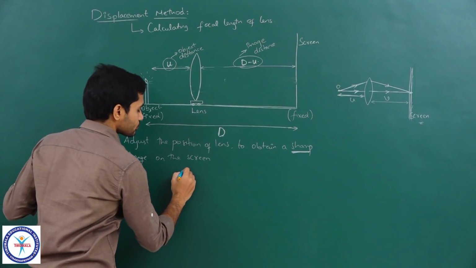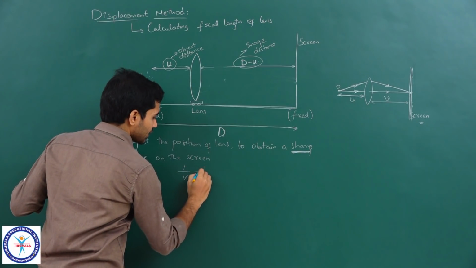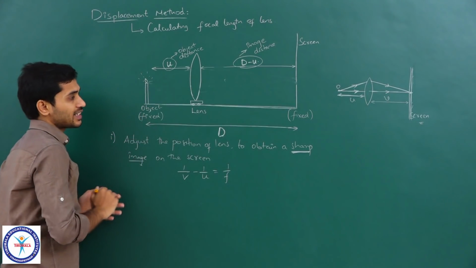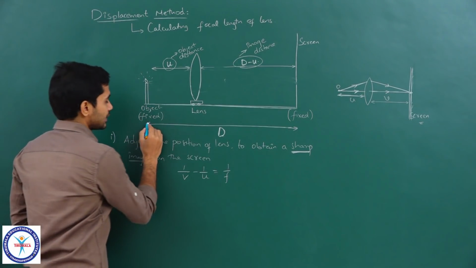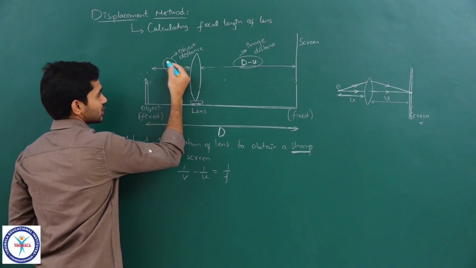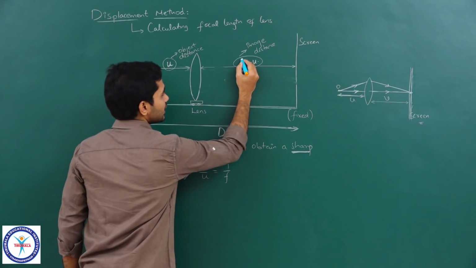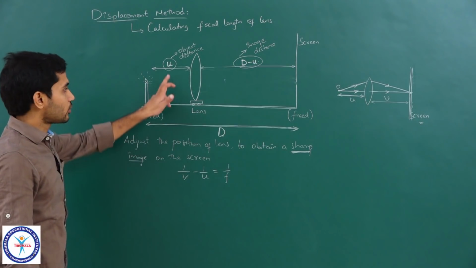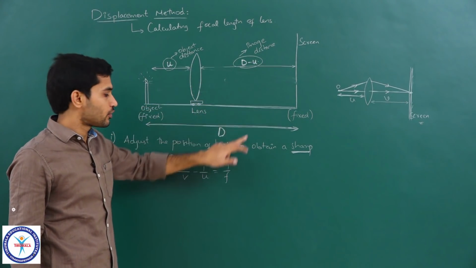We know that 1 by v minus 1 by u is equal to 1 by f, correct. Now, let us substitute the values here. See, this D is known to us and this u is known to us, which will automatically mean D minus u is also known to us. So, I know u, I know D minus u, I need to find f.